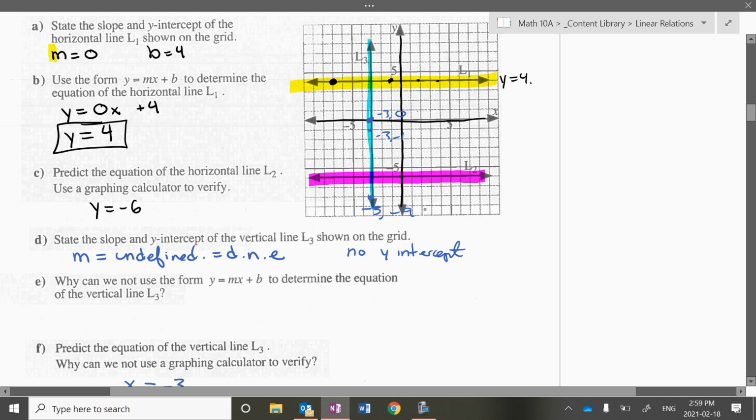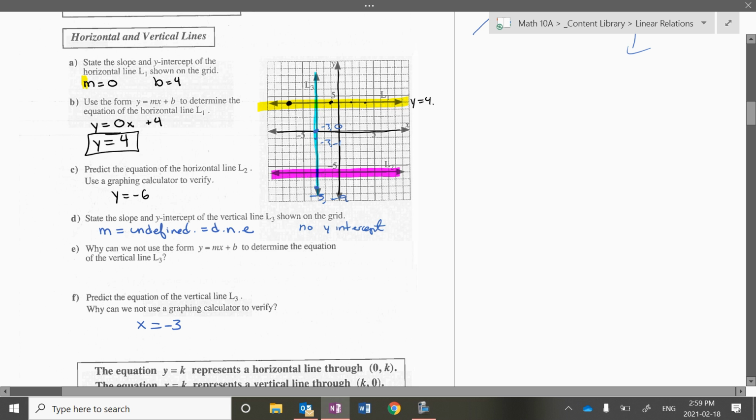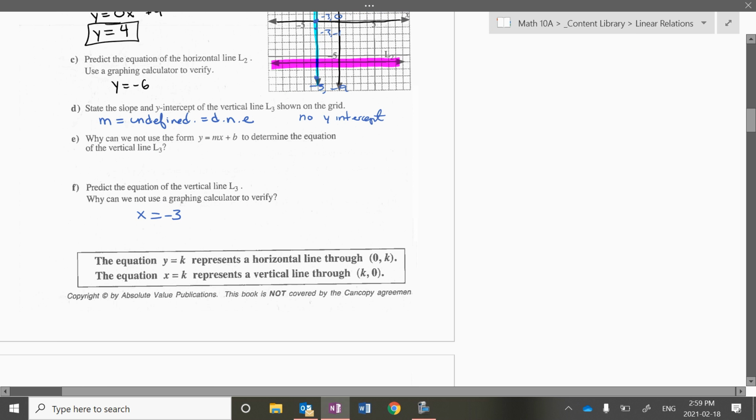They all have that common x. So we describe a vertical line as just x equals whatever the coordinate of that x is. That's something you just want to memorize. It won't come up that often realistically, but it's a piece of information to know.